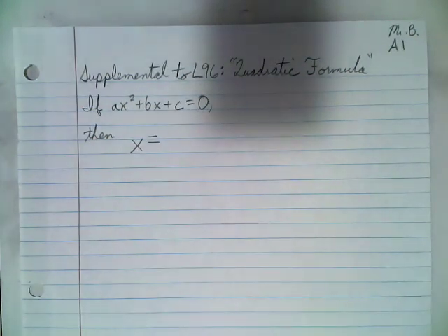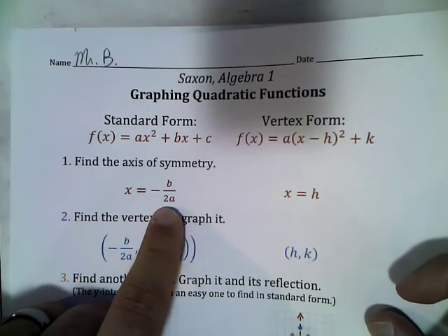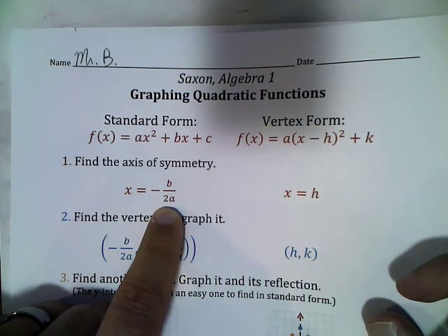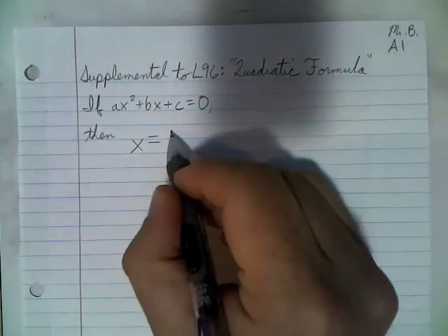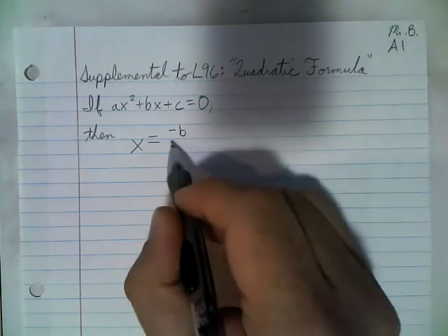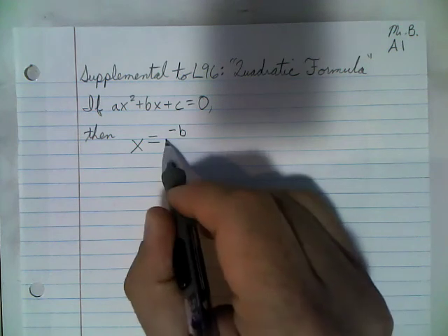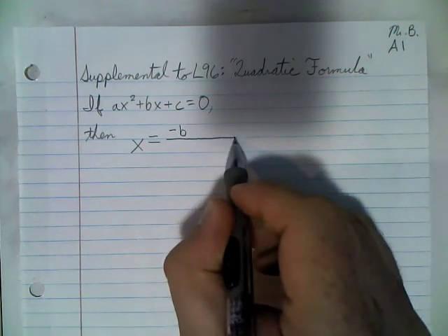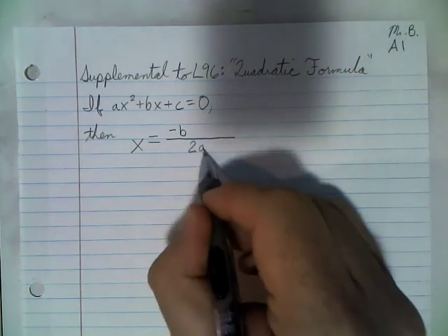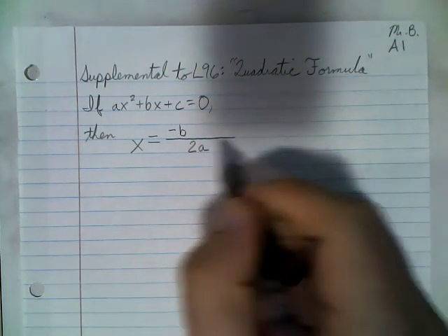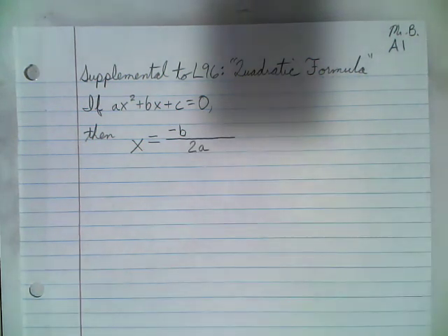And it actually starts with our axis of symmetry. And so it actually starts with a negative b. Well, then we're going to get that negative up there with the b, and then it's going to be over 2a. Now you'll notice I left some extra space here because there's more to it.